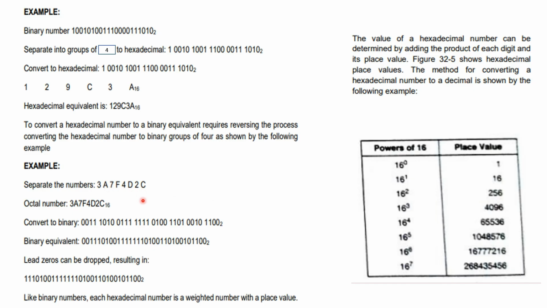So you just have to get the equivalent of each digit in binary. And of course, just like what was mentioned a while ago, the leading zeros will be dropped. So see the table for the powers of 16. That's hexadecimal. A while ago it was the powers of 8. This time, since it is hexadecimal, you start with 16.